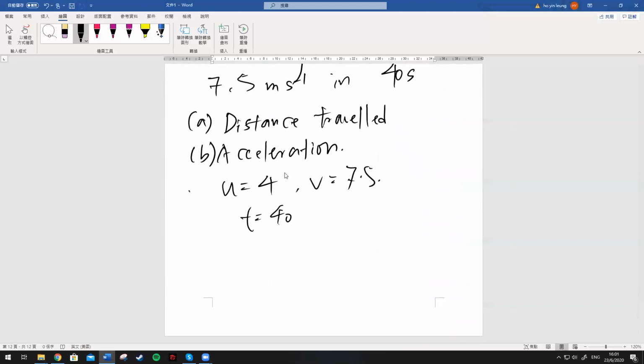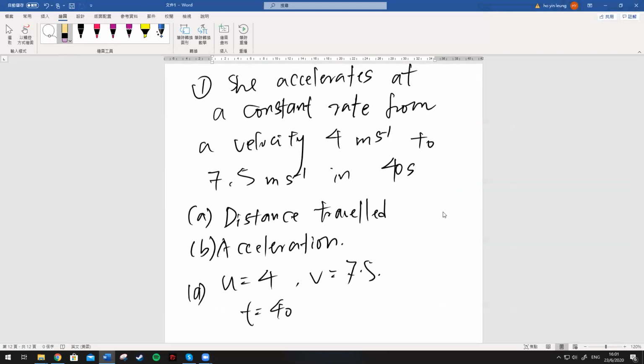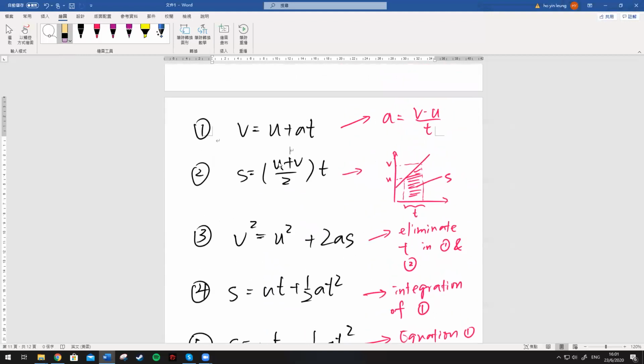So usually what we do is we write down the equation first. This is the equation I pick. And after picking this equation, we just plug in all these parameters. Oh, sorry, no. I think we need the displacement, right? I picked the wrong one. Maybe I should take this one, because I have u, v, and t, and I want s.